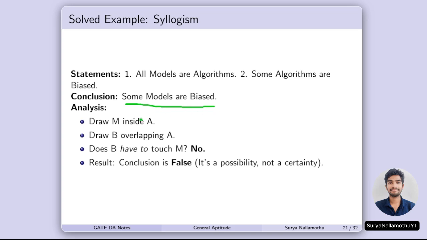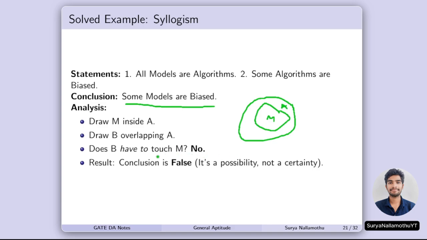So how do we analyze that? First we draw models. All models are algorithms, so let us first draw this M. All models are algorithms, so draw M inside A. This is the A. Some algorithms are biased. So does B touch M?